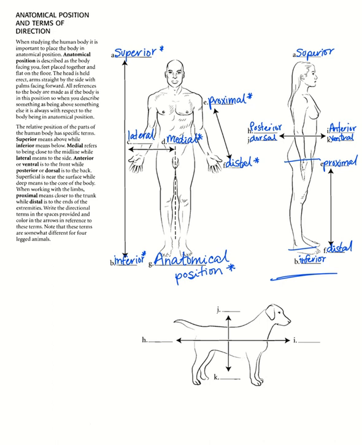However, in a quadruped, such as a dog, those terms are no longer interchangeable. Okay, the head end of a quadruped is anterior, and the tail end of a quadruped is posterior.